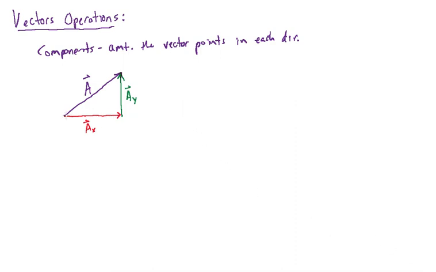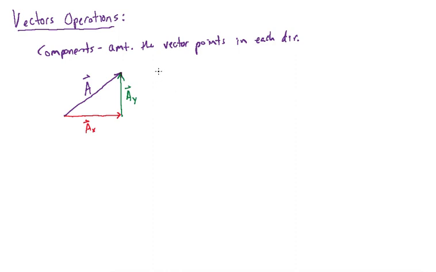And if you remember back to our previous video where we were talking about adding vectors, if you look at the way I drew this, if I just walk along A sub X and then walk along A sub Y, that's basically how we would add any two vectors before, and that basically tells you that A sub X plus A sub Y is equal to A. So if I do the vector sum of A sub X and A sub Y, these two component vectors, then I will get the actual original vector.